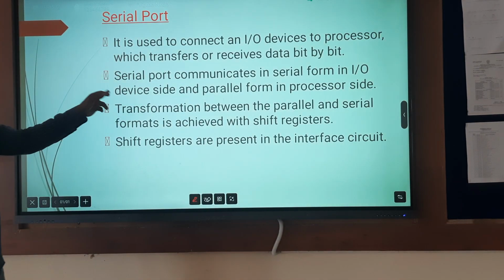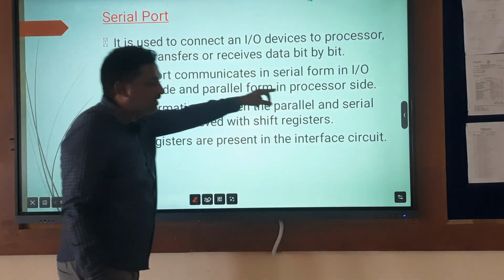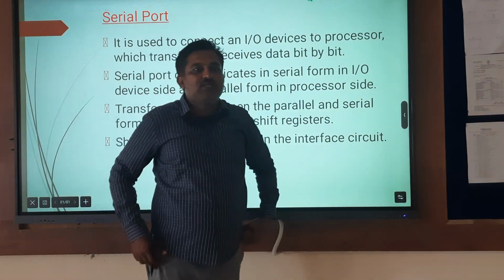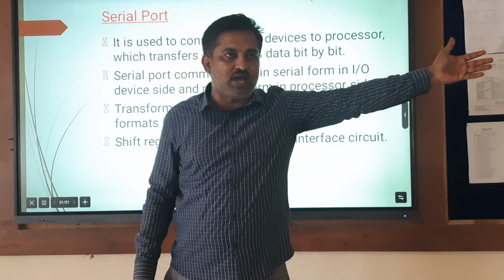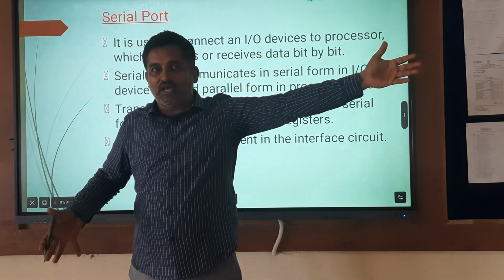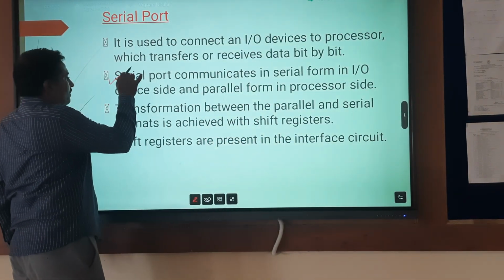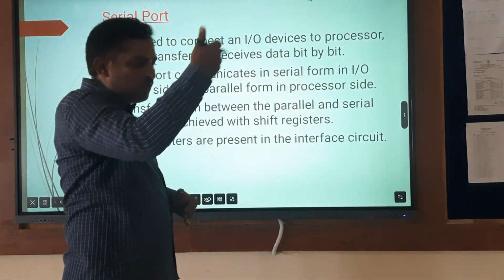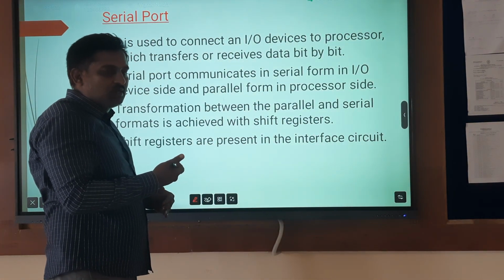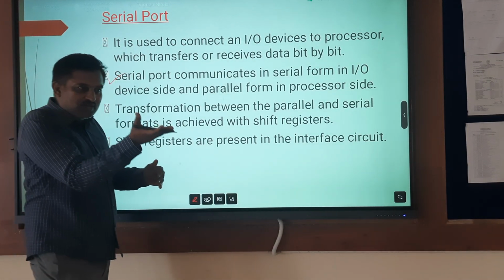Serial port communicates in serial form on the input device side and parallel form on the processor side. Generally, the peripheral devices are placed far away from the processor, so we use serial port communication. From the slave devices to one end of the interface circuit the data comes in serial form, and from the other end of the interface circuit to the processor it is parallel.